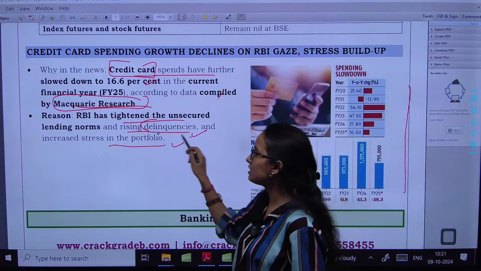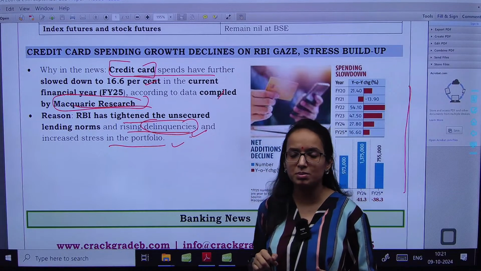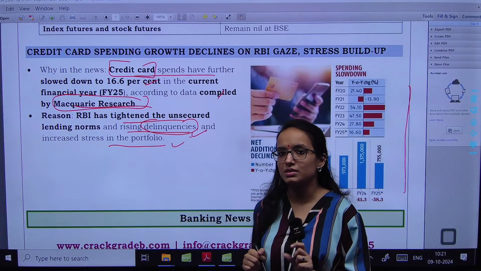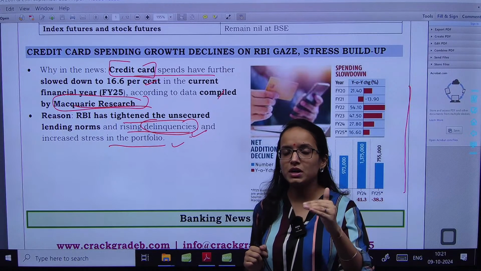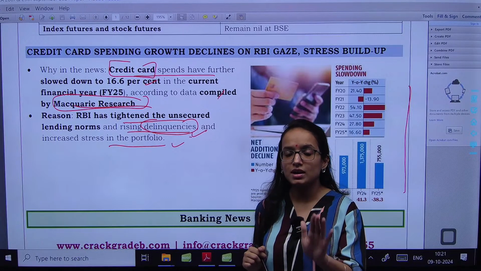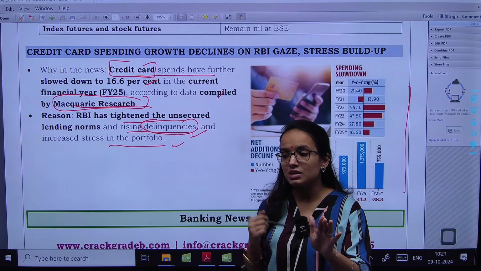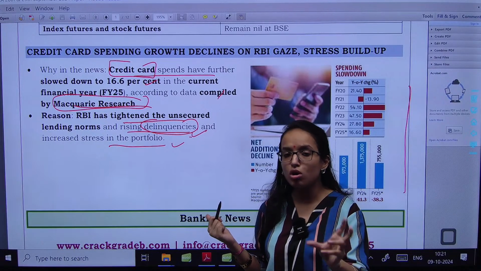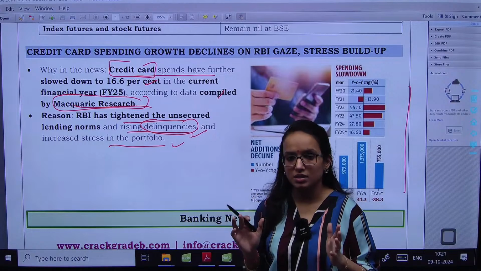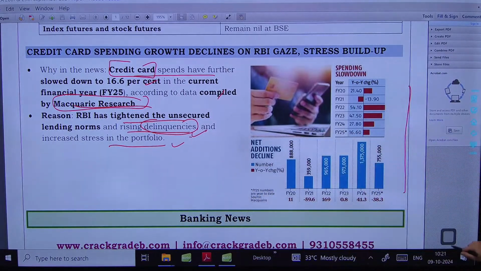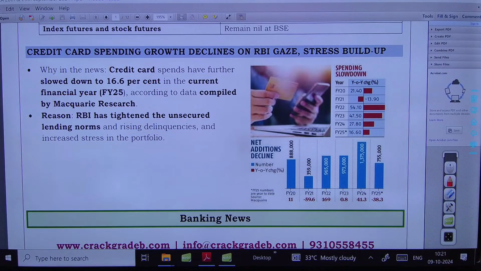If you remember the financial stability report, we discussed that particularly in the retail segment, can anyone tell me the amount we discussed? These smaller loans and retail loans are under scrutiny of RBI because delinquency levels in those retail loans, particularly smaller amounts, are rising. So that is the reason that credit card spending is slowing down in the economy. So this is the figure. Just remember, it has slowed down to 16.6%.